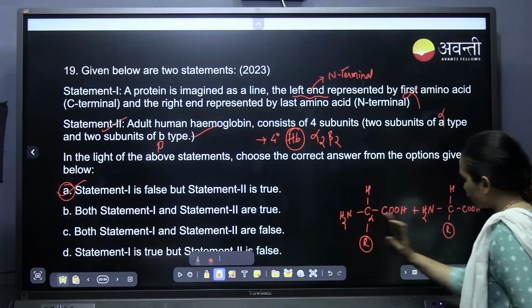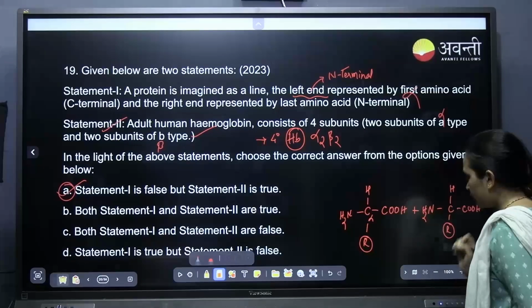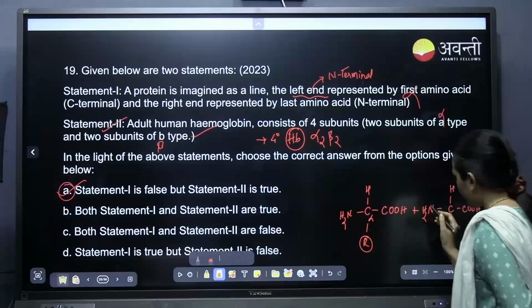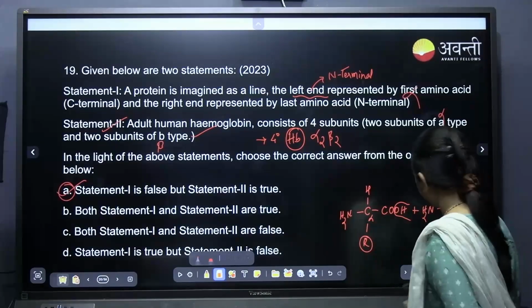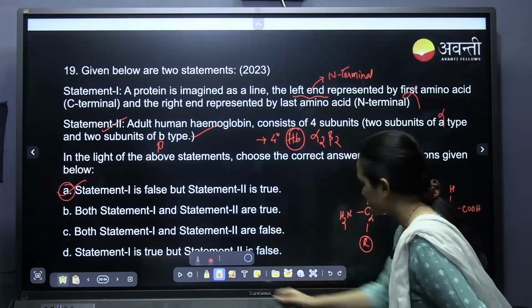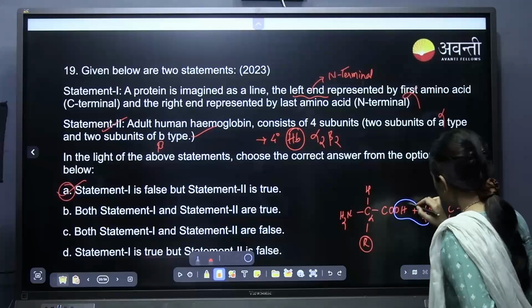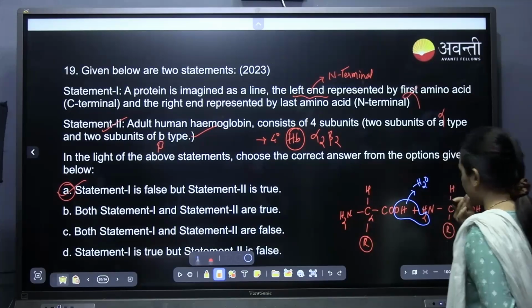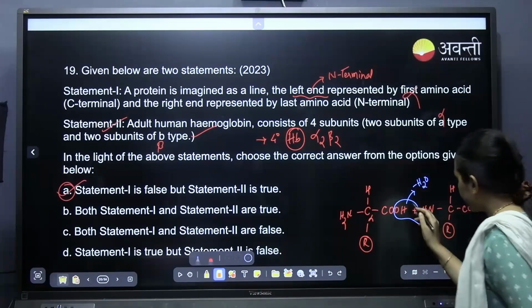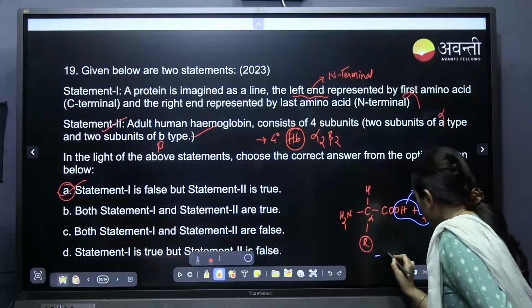Now in between these two amino acids there will be peptide bond formation. How will the peptide bond be formed? The peptide bond will be formed between these. There will be a dehydration reaction, that is minus H2O. Let me write how it will be formed.